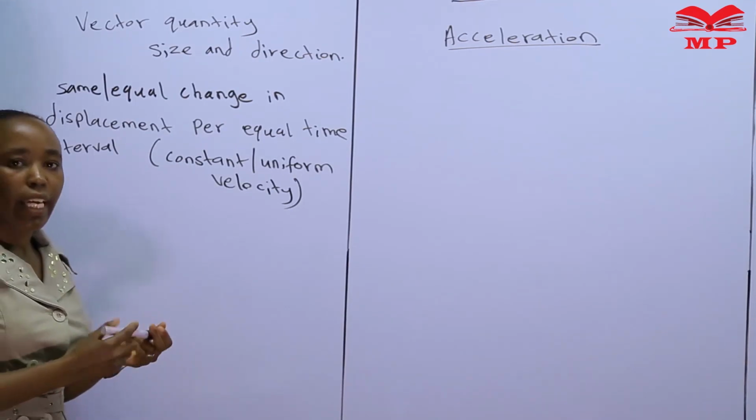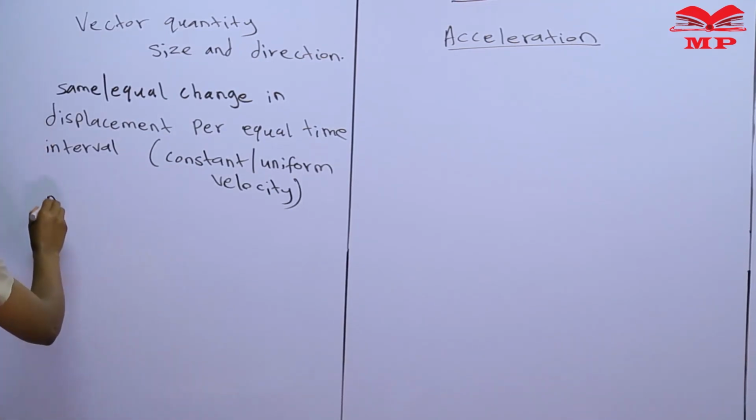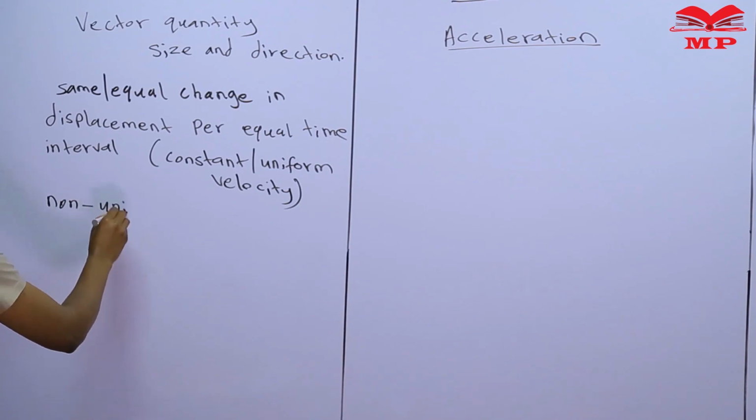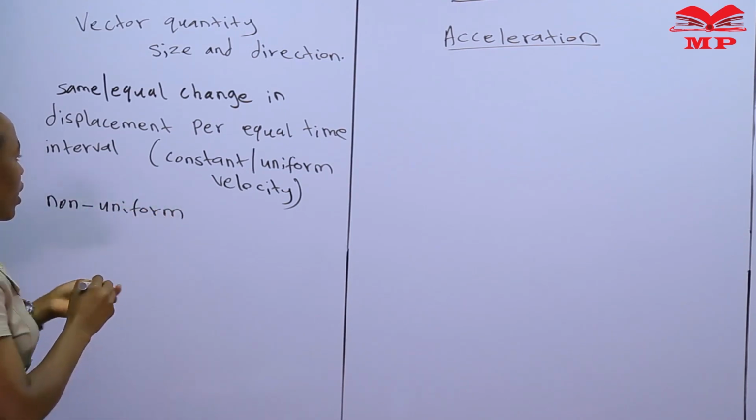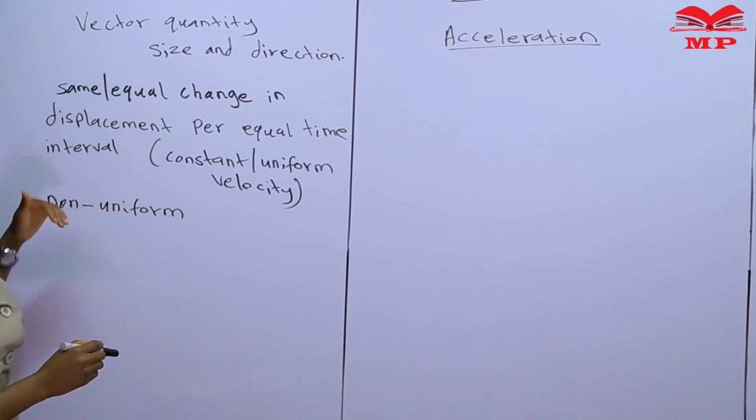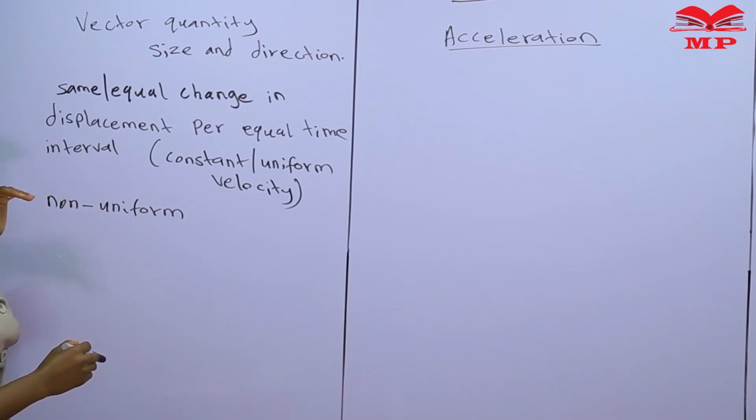If that is not the case, then we say that the body is moving with a non-uniform velocity.